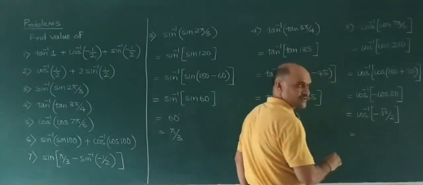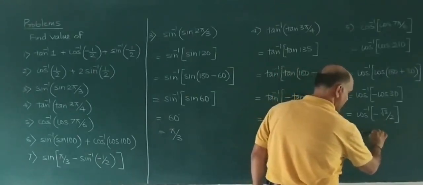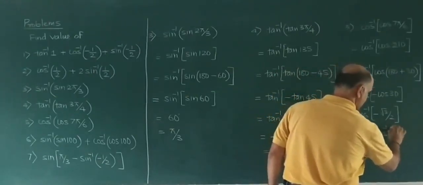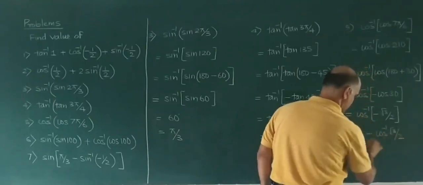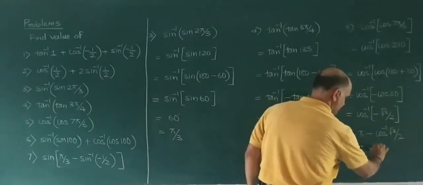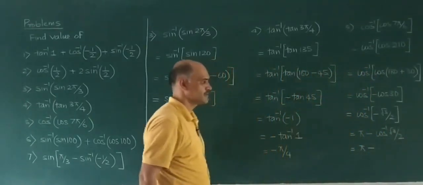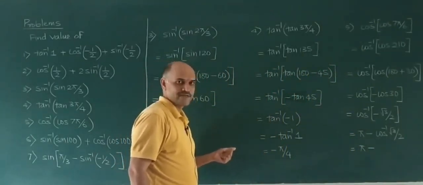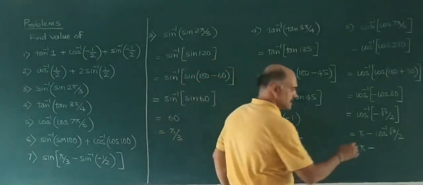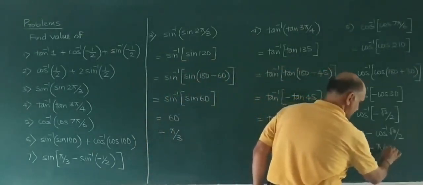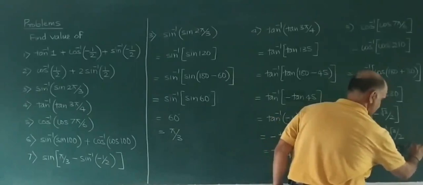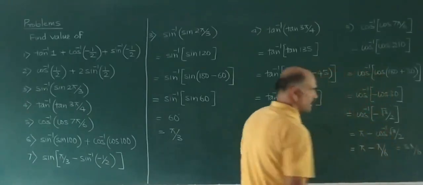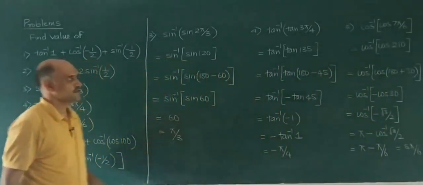So this is equal to pi minus cos inverse root 3 by 2. Now substitute the value. Cos is root 3 by 2 at 30 degree, and 30 degree in radian is pi by 6. So pi minus pi by 6, and if you take the LCM, you will have the answer 5 pi by 6. This is our fifth one.